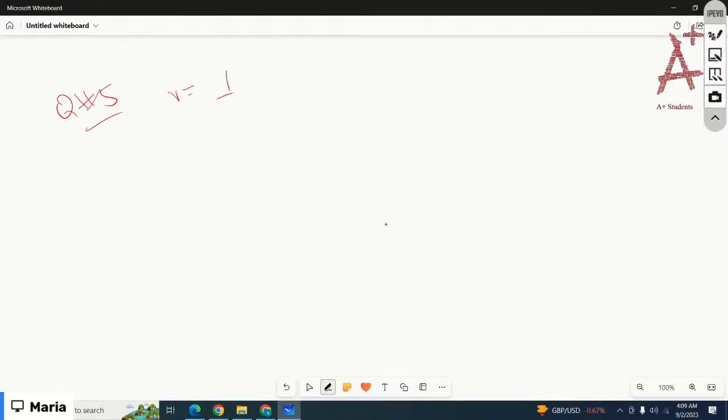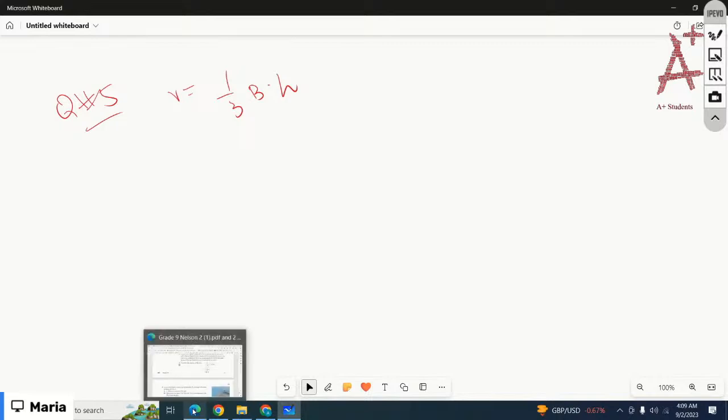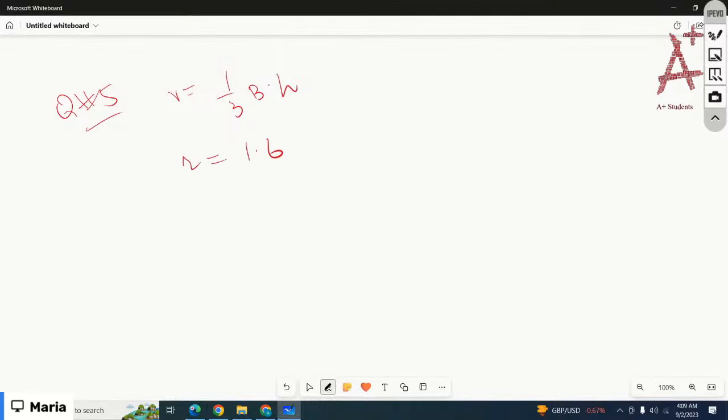V equals 1 by 3 base times height, right? You are given the base radius, that is 1.6. First of all, you have to calculate B, that would be pi r square. Pi is 3.14 and r is 1.6 square. Let me just calculate the value.